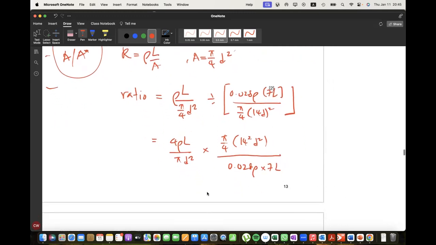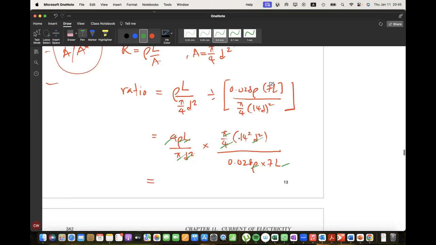So in the calculator, can you see that this one cancels? All the rho and L are no more. So what is the number here? Can you see this is 14 squared divided by 0.028 times 7? Is it equal to 1000?